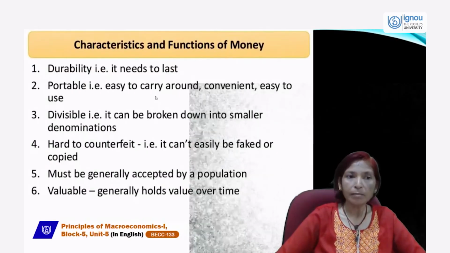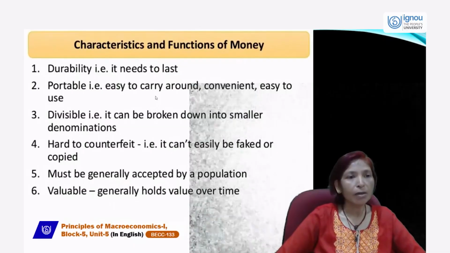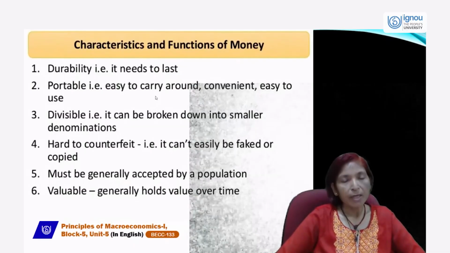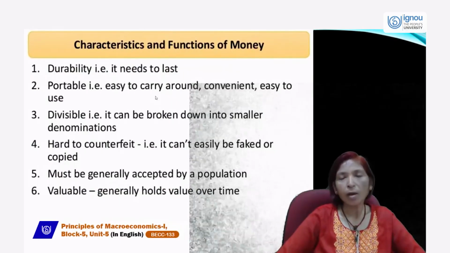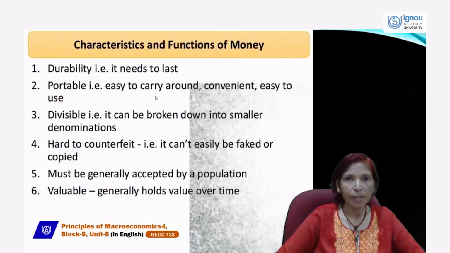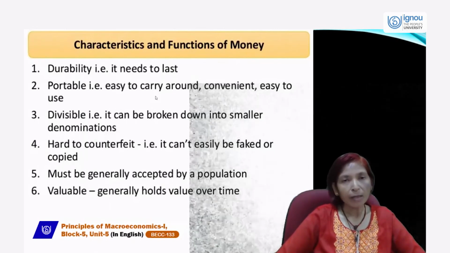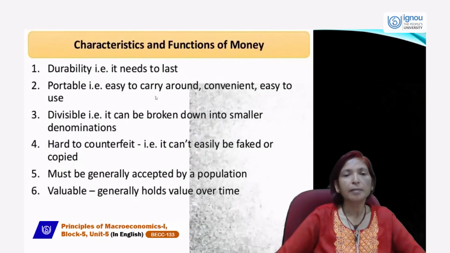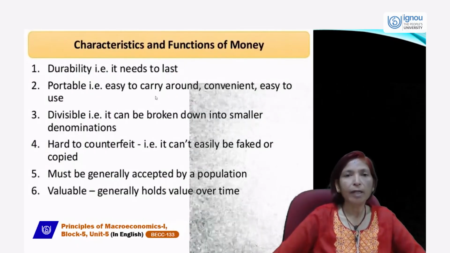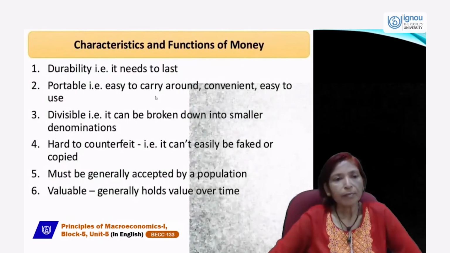Next is portable. Portable means easy to carry. It is very convenient and easy to use. Next is divisible. Money can be broken down into smaller denominations. For example, 1 rupee coin, 2 rupee coin, 5 rupee coin, 10, 20, and notes like 100, 50, 20 rupees, and 500.